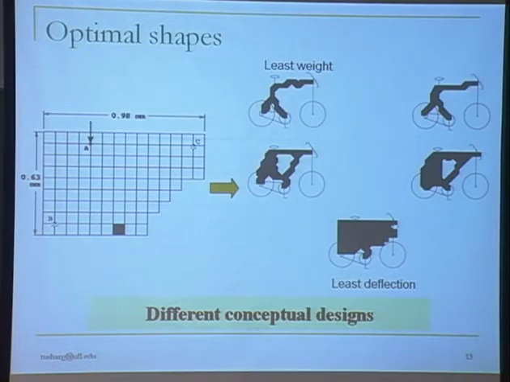But still, since my grid size is not very fine, I have much coarser looking shapes, like we have sharp edges over here, which you will probably never observe in a bicycle frame. If I use a fine grid, then I can get rid of these things. So if I look at all the different shapes, we can see that my weight is continuously increasing, and correspondingly my deflection decreases.